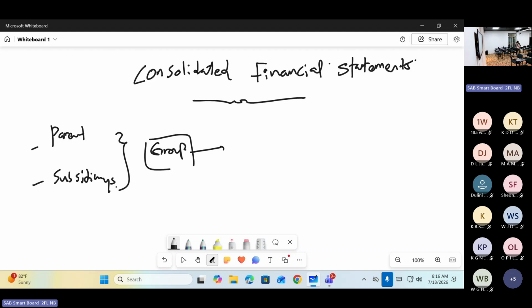It's a technical definition, so you have to write this definition for control of an investee.